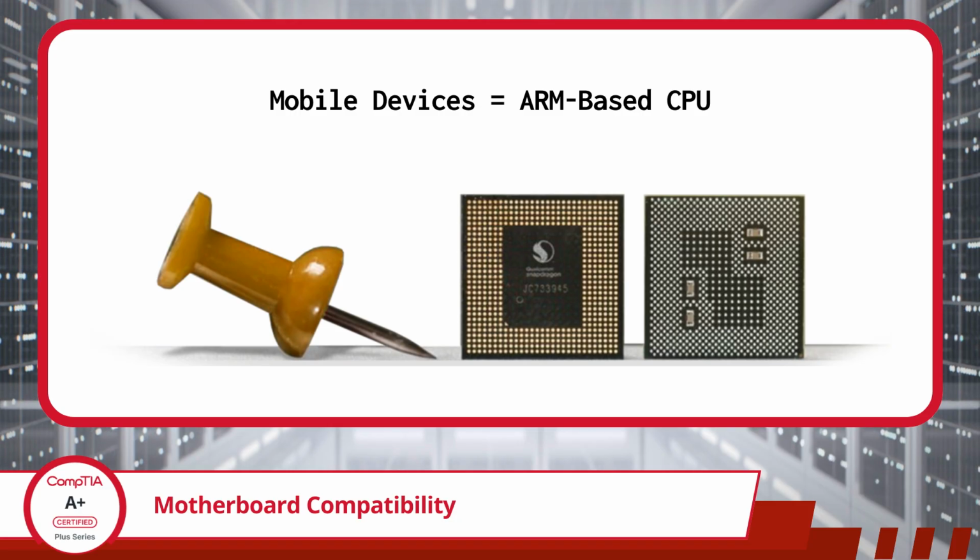This compactness is paramount in the design of mobile devices, where space constraints and portability are critical considerations. Consequently, ARM-based CPUs have become the cornerstone of mobile computing, enabling devices like smartphones and tablets to deliver optimal performance while prolonging battery life, thereby enhancing the overall user experience.